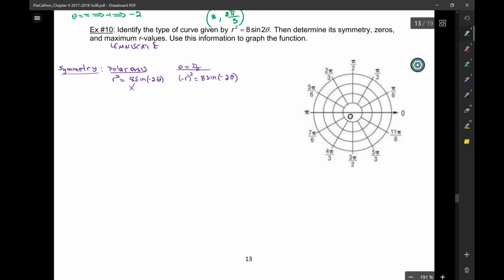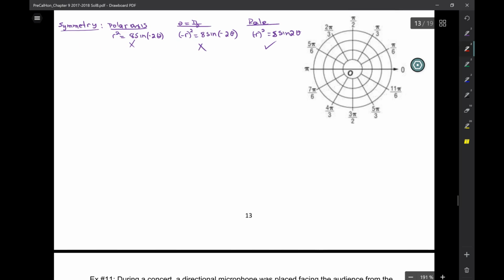Again, you might get r back, but not theta, so that doesn't work. For the pole, we're just going to switch r, and that's going to work. So it's symmetric around the pole. And we knew that, but now we proved it. We showed it.